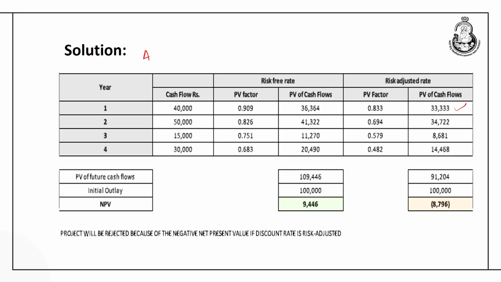33,333. So, we are going to show you the result when the risk free rate is used for discounting the cash inflows and the present value of all the cash inflows when the discount rate is 20%. So, this was 10% and this is the result of 20%.